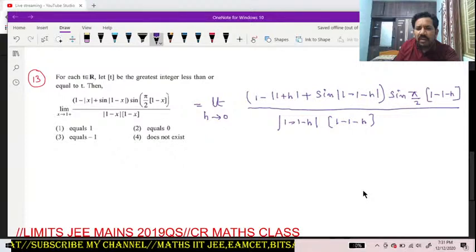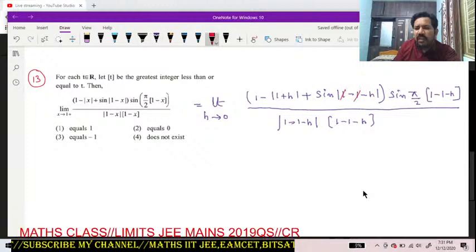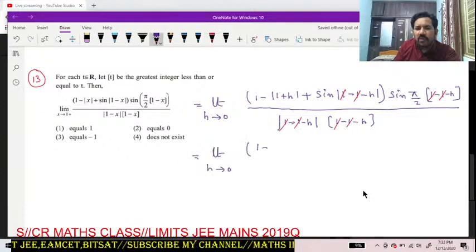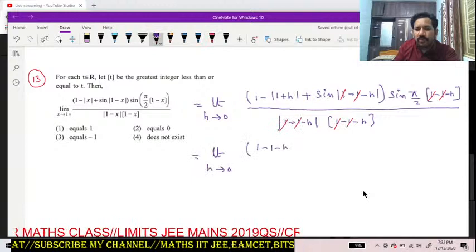See the calculation? Here minus 1 plus 1 cancel. Here minus 1 plus 1 cancel. Here also minus 1 plus 1, cancel. Finally, what do we get, students? Limit h tends to 0. Numerator, see that: 1 minus modulus 1 plus h, right? That is positive.